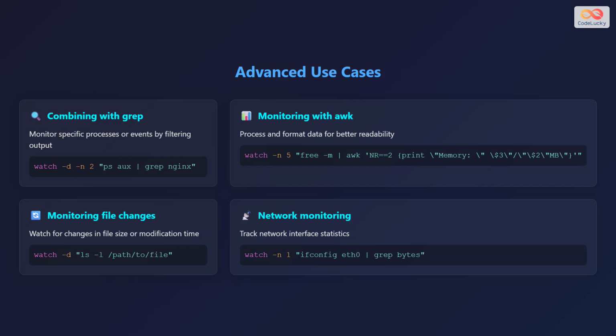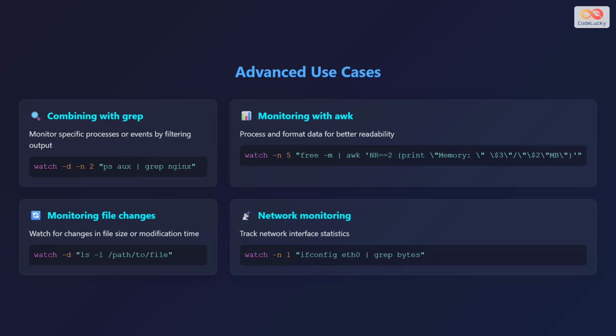Second, monitoring with awk to process and format data for better readability. For example, watch -n 5 "free -m | awk 'NR==2{print \"Memory:\" $3 \"/\" $2 \"MB\"}'" provides a formatted view of memory usage.